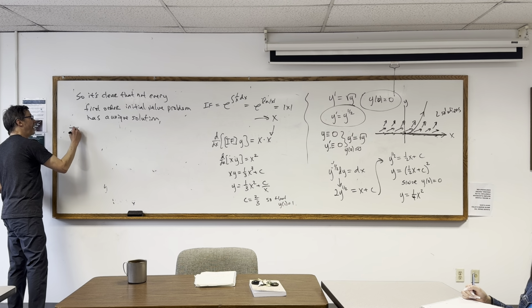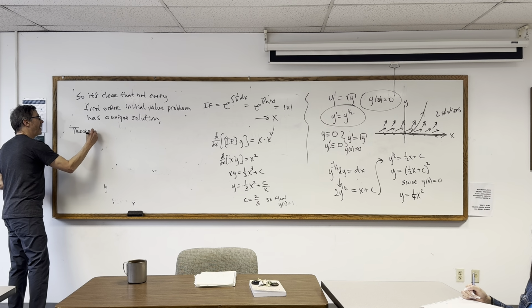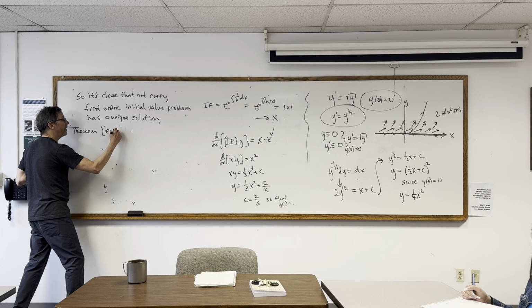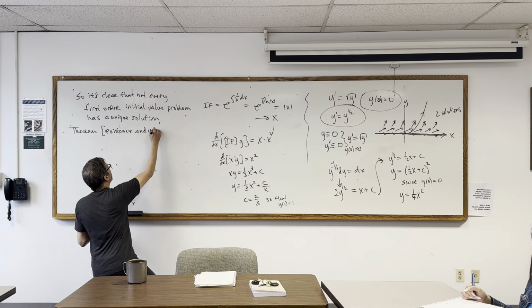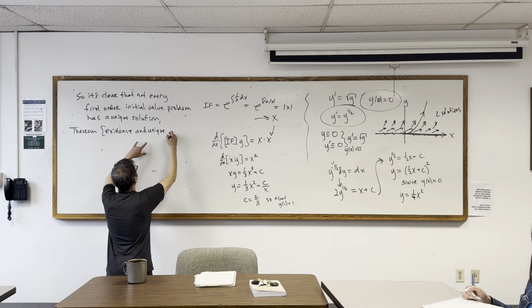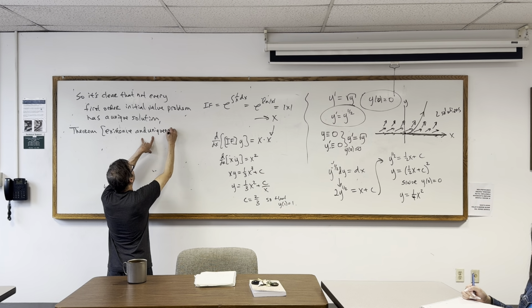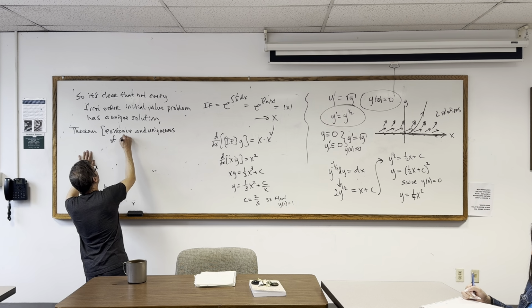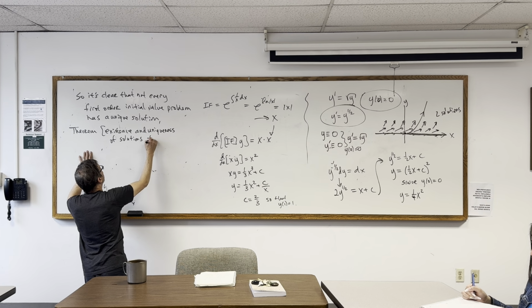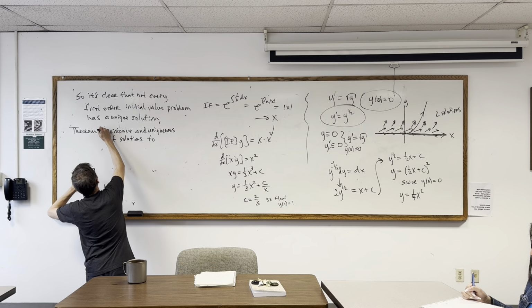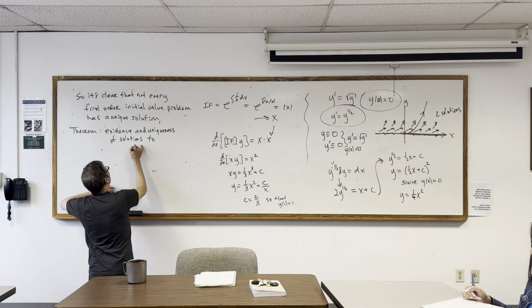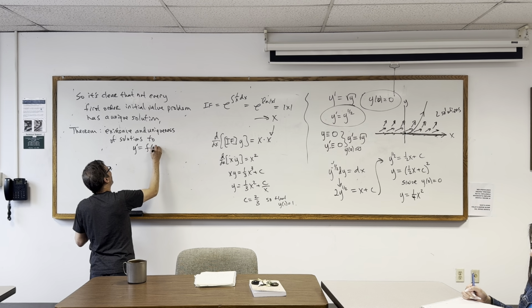So here is a theorem on the existence and uniqueness of solutions to y prime equals f of x, y, with y at x naught equals y naught.